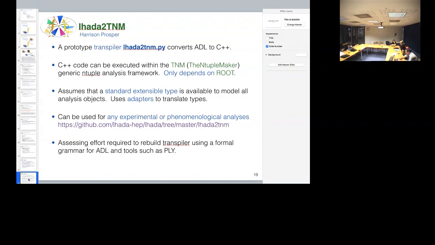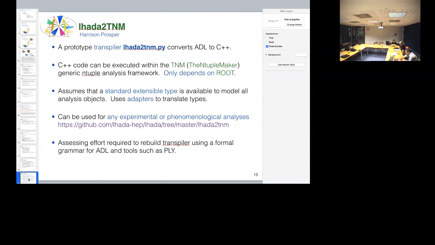Ideally you would like an analysis developed by Gordon, with his own peculiar types with certain attributes. That analysis may be very nice, and you may want to run it on either Atlas or CMS, but the data input may not have those particular attributes. So there has to be a way to extend types within the system, and that is something this particular transpiler tries to do.